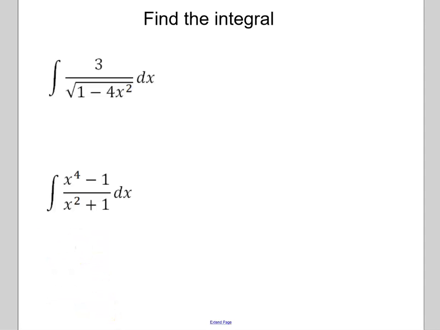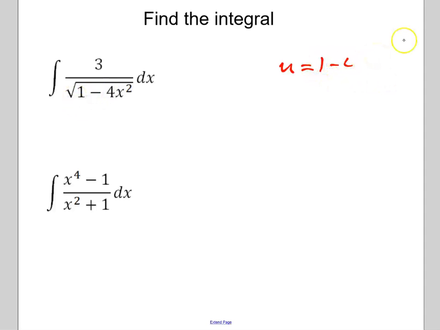So prior to this lesson, first thought would have been one of two things. I know I've got a fraction, so I'm going to want to do something with a u. I need to do some sort of rewriting. Option number one that we learned was to make the inside equal to your u.